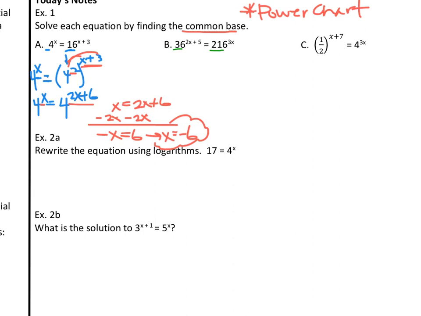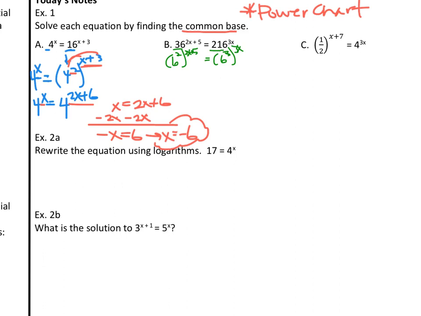That means 36 can be rewritten as 6 squared. We would have to still raise that to the 2x plus 5 power. 216 could be rewritten as 6 cubed, and then we'd have to raise that to the 3x power. And just like that, in that one step, the bases are the same.